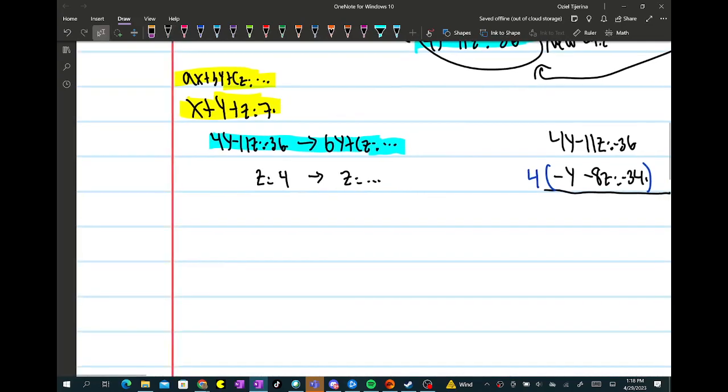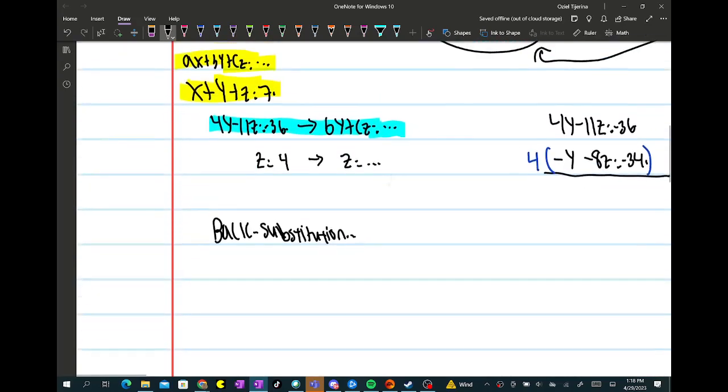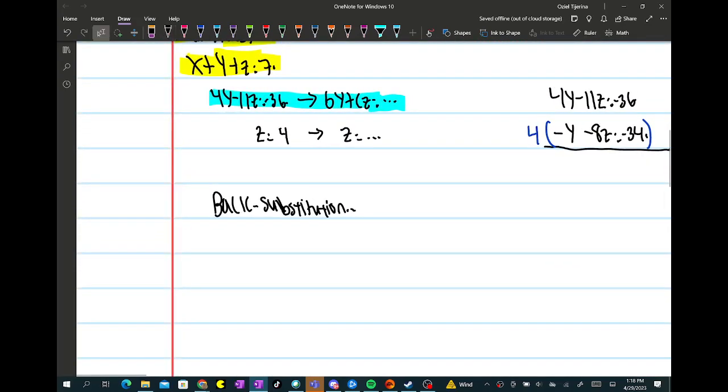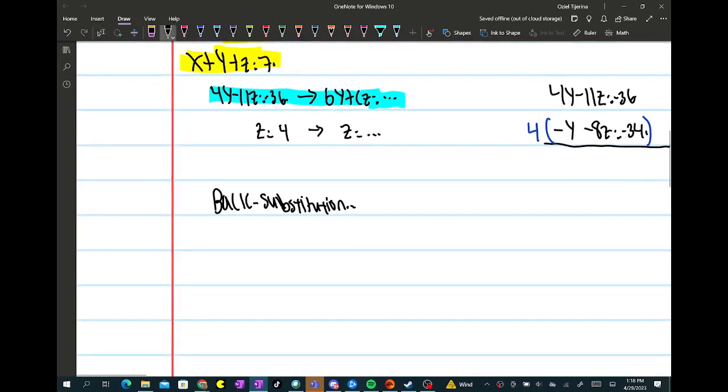So now we're going to use what is called back substitution to solve for y and x, right? So we know that z equals 4. So z is equal to 4, and we know that.